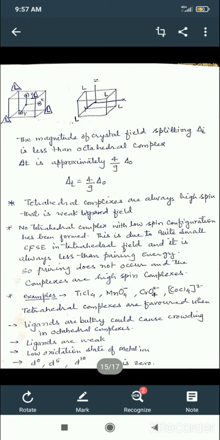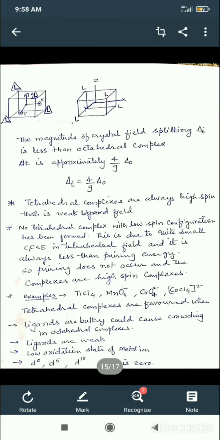Now the examples are TiCl4, that is titanium chloride or tetrachlorotitanium, magnesium oxide, and cobalt chloride. These are tetrahedral complexes. Why is there a possibility that tetrahedral complexes may form?